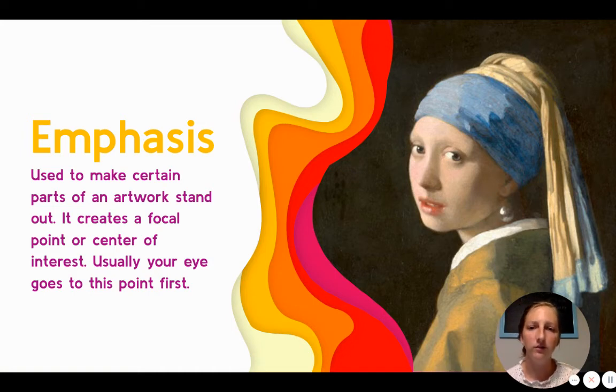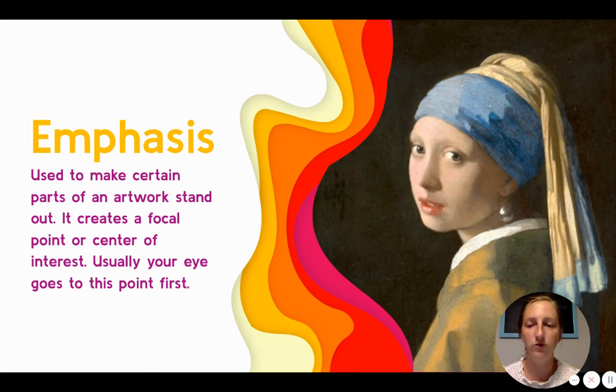I don't really go down to the chest or shoulder, but there is an emphasis. So the artist used different values to create emphasis, different colors to create emphasis. So you can tell that her face has a lighter value than the background, so it really stands out.